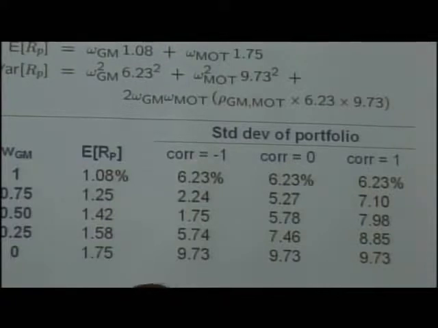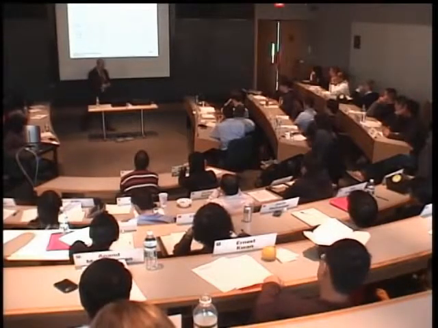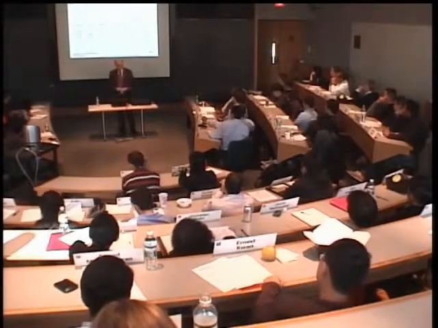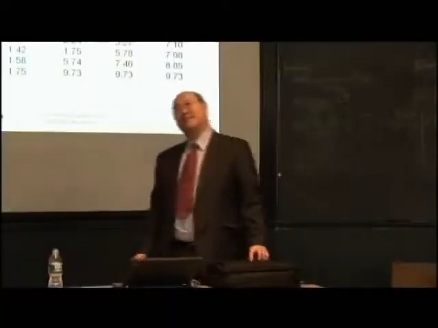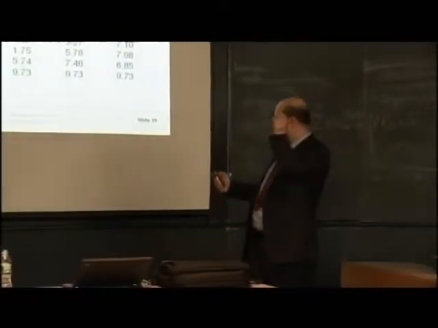But this is what I'm doing in these three columns. I'm assuming different values of correlation between General Motors and Motorola, and then computing the standard deviation of the portfolio using this formula. Okay, so you can all do this at home, do this in a spreadsheet. It's going to be very easy to check my work. But I want to show you the graph, because that's really, I think, the insightful intuition here.